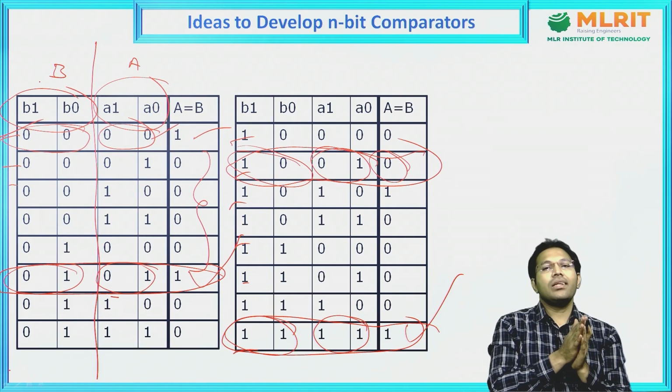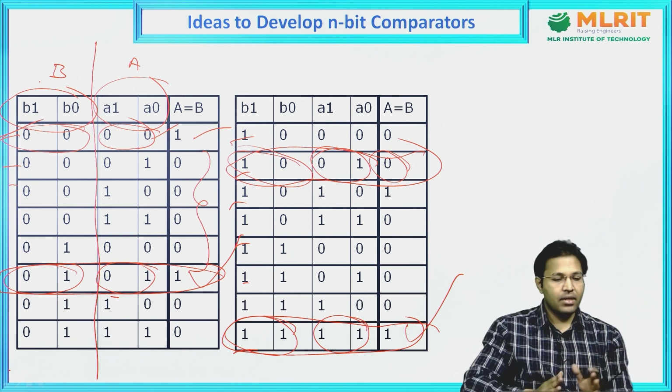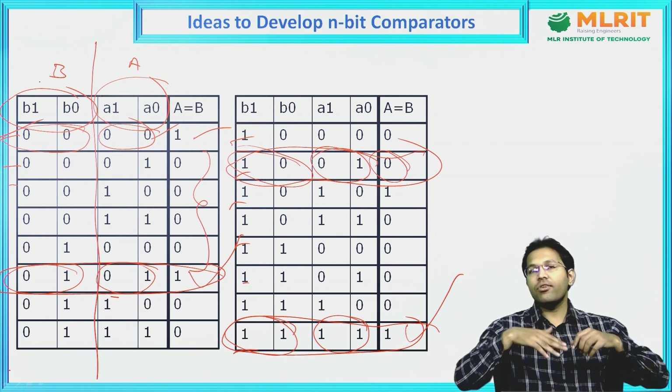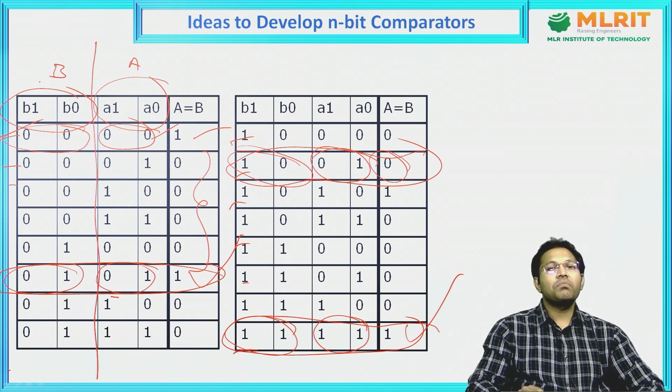I will leave this for your exercise. You don't need to learn it by heart; just take pen and paper and get the expression. Of course, when the expression is complicated, you will have to use K-maps to simplify it. So this is the basic idea of how you can develop circuits which perform comparison.